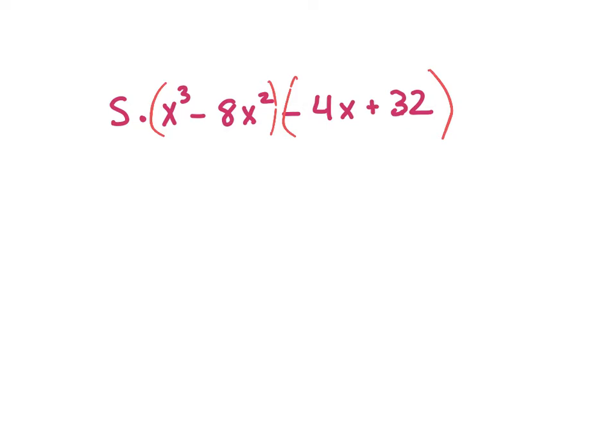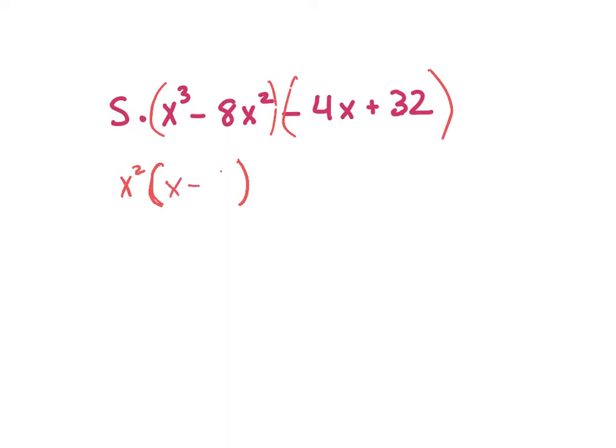What can we take out of the first group? X squared. And then what are we left with in the first group? X minus 8.